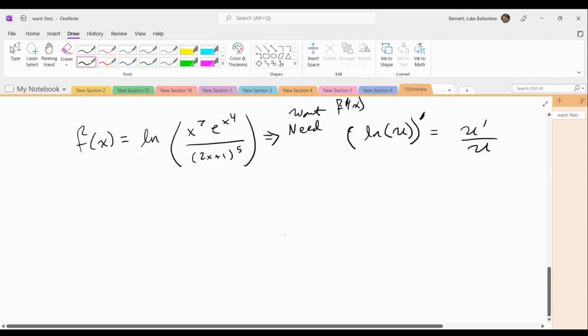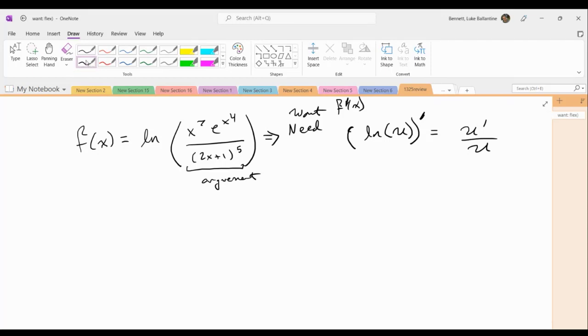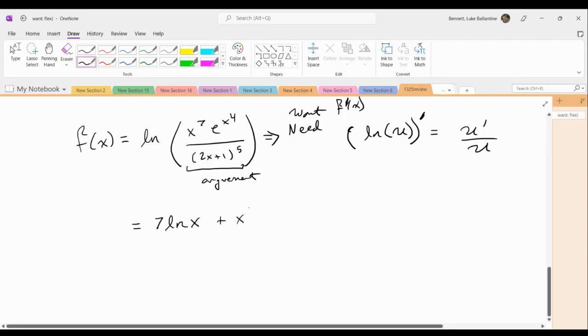So we'll divide by the argument, whatever's inside the parentheses. Oh, actually, no, we can do this a lot easier. We'll use that trick that we saw in the PowerPoint. We can do 7 times the natural log of x plus x to the 4th, minus 5 natural log of 2x plus 1. Okay?